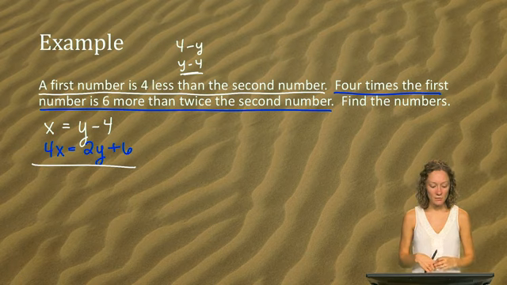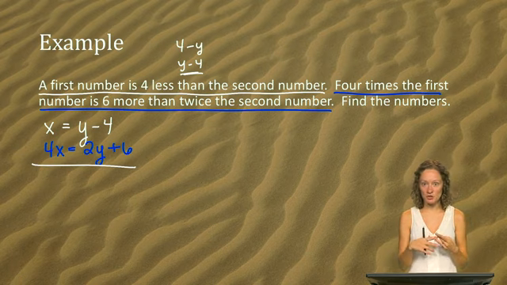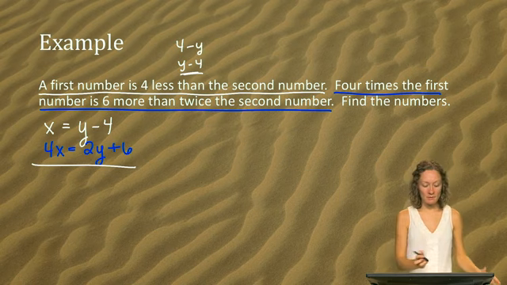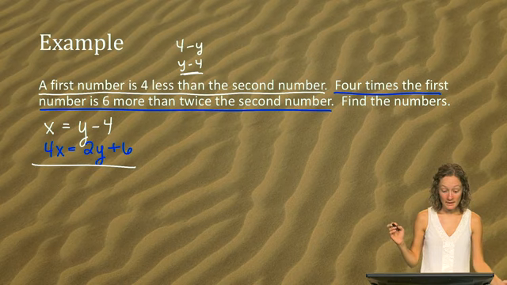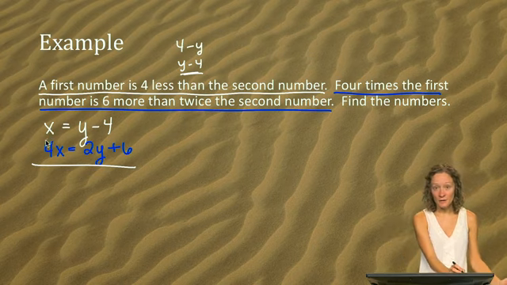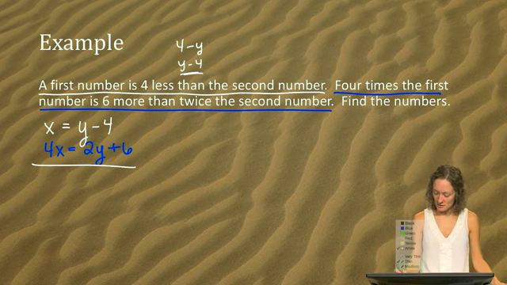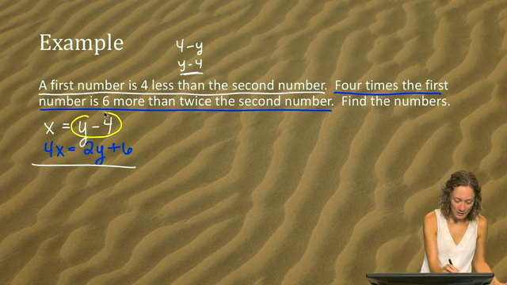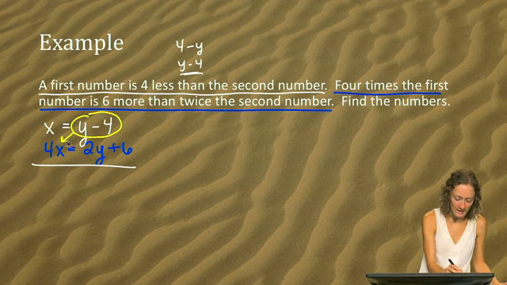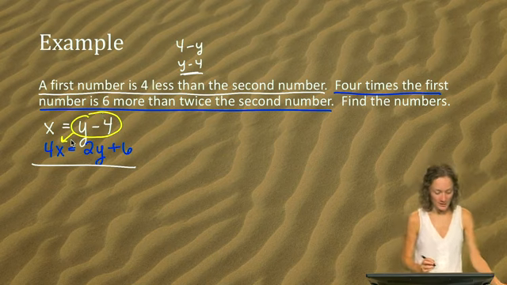So ultimately, we're looking for the intersection, right? Graphing, substitution, elimination, you pick. What do you think makes the most sense for this one? In this case, I'm going to choose substitution because x is already solved for in one of the two equations. This one is already solved, so I'm going to take this and plug it in for x into the other equation.